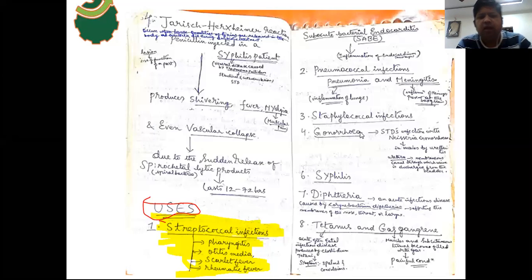And rheumatic fever. Rheumatic fever is a streptococcal infection that mainly affects the joints as well as the heart. One of the significant symptoms of rheumatic fever is that it affects the joints and especially the cardiovascular system, and that is very dangerous.